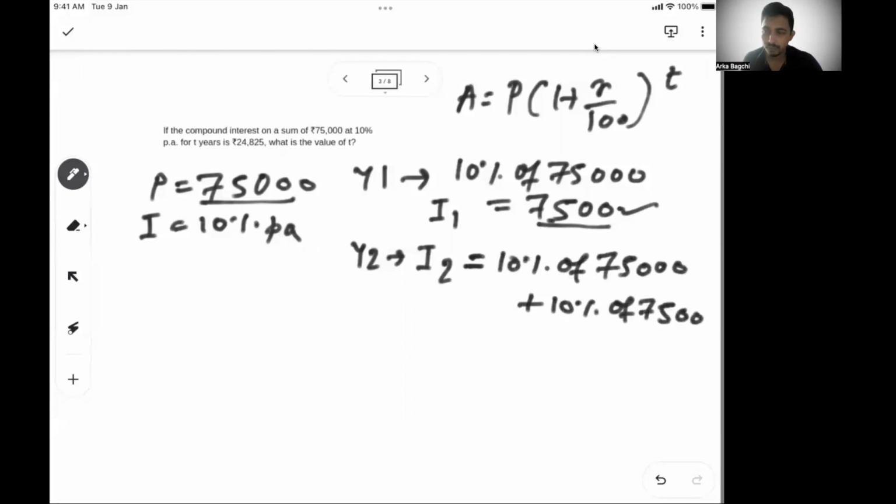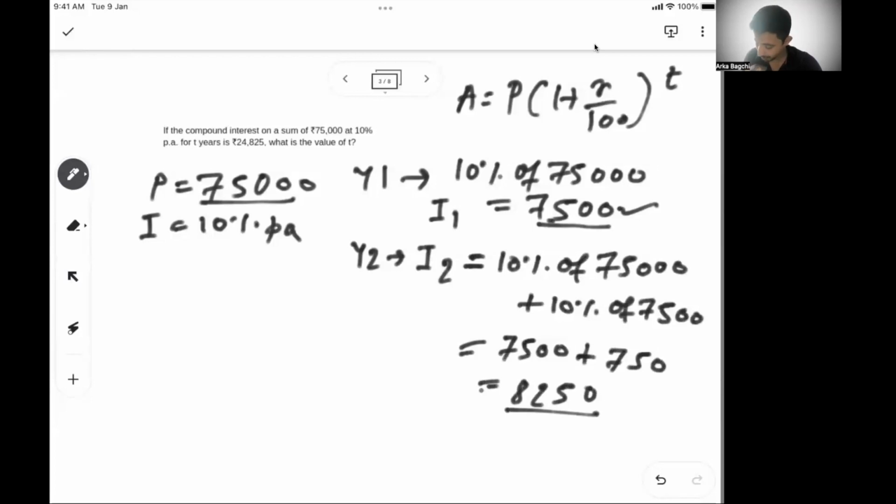The basic concept of compound interest: the interest you earn in the previous year gets added to the principal, and you get interest in the next year on both the principal and the previous year's interest. So in the second year, your interest becomes 7,500 plus 750, which is 8,250.